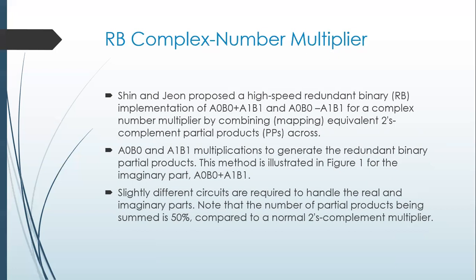This method is illustrated in figure 1 for the imaginary part A0B0 plus A1B1. Slightly different circuits are required to handle the real and imaginary parts. Note that the number of partial products being summed is 50% compared to a normal two's complement multiplier.